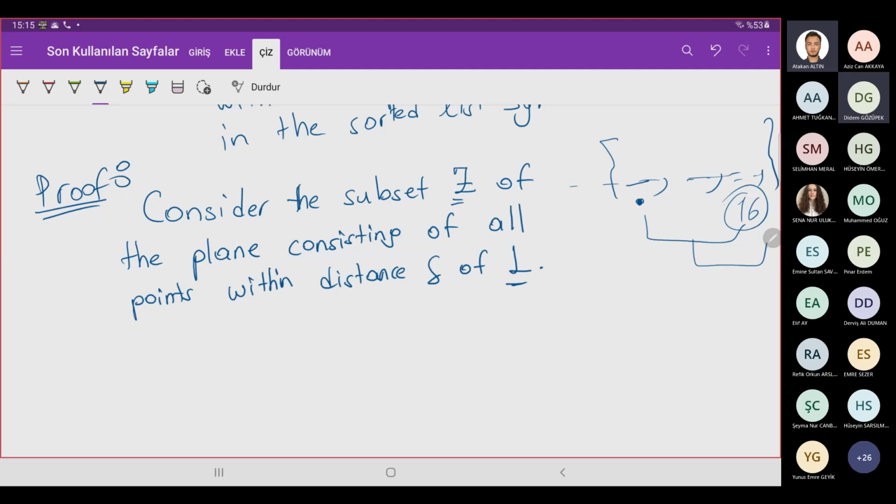We partition Z into boxes as in here. And now I will describe it. Okay.